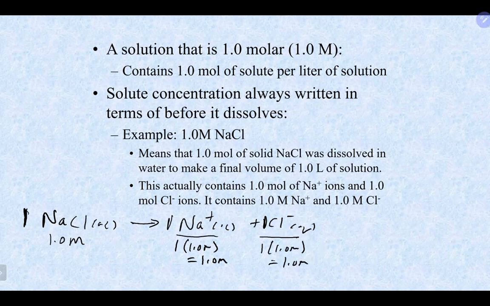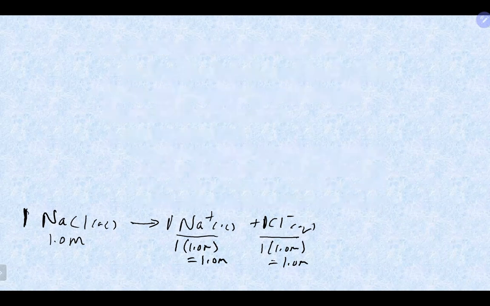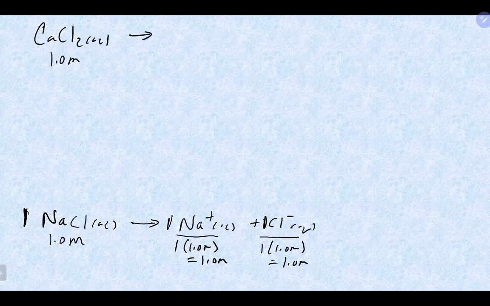So the concentration is related to the ions based on how much they break apart. So for example, if we had calcium chloride here, and we had the same 1 molar concentration, when calcium chloride breaks apart, it breaks apart into a calcium ion and 2 chloride ions.